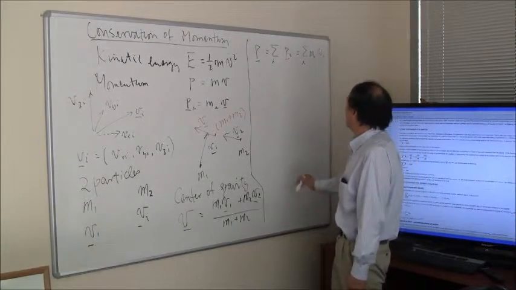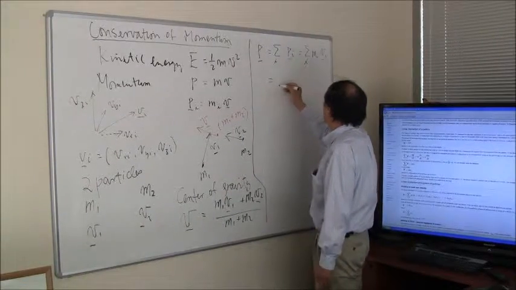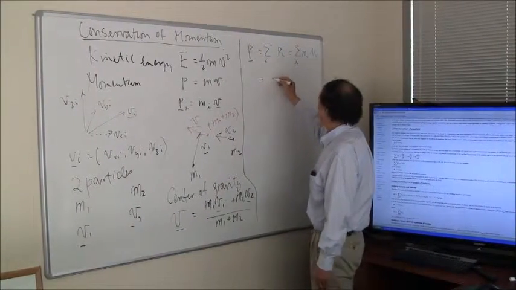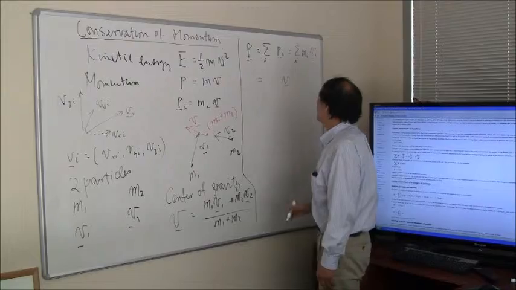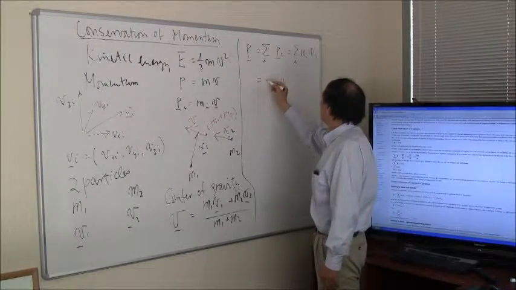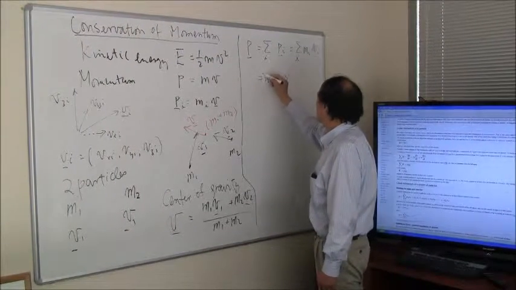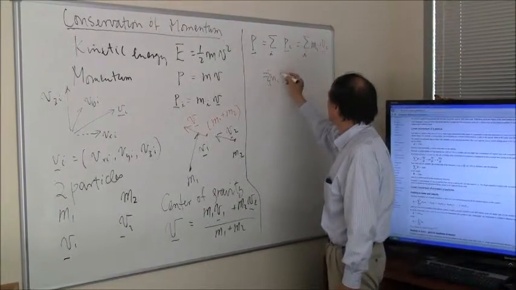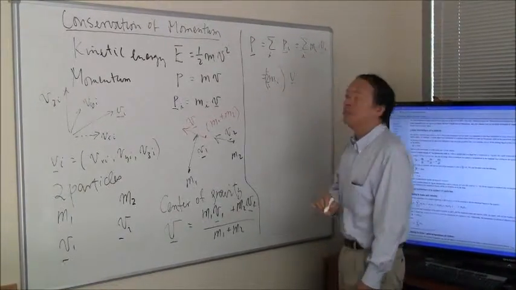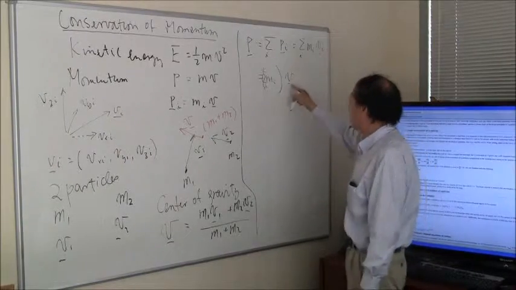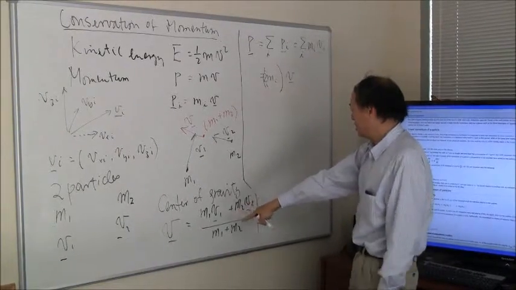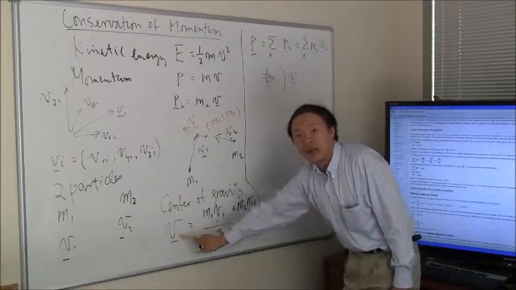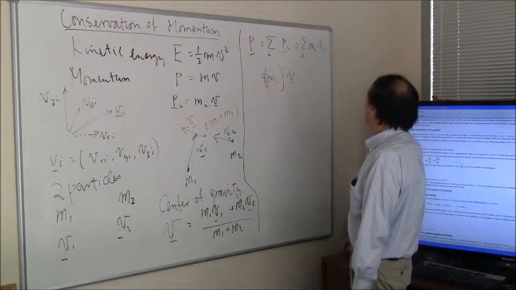We can also say that it is equal to the sum of the masses m_i multiplied by the center of gravity velocity v, coming directly from this equation.